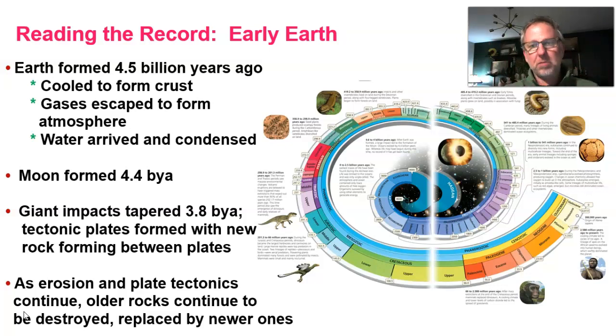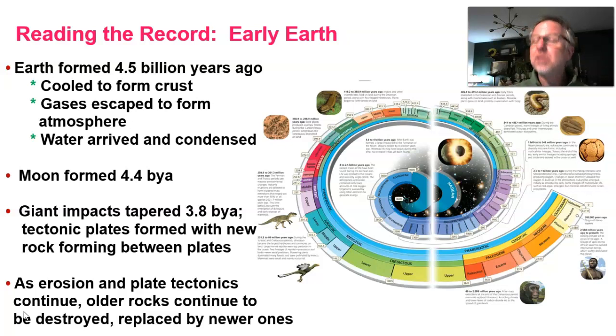So the model of how our Earth then proceeded from that point on is it started off as a molten ball, would not have wanted to be here, could not have been here, and it began to cool and form a crust, the outer covering hardening like an eggshell. Gases escaped to form the atmosphere from the geologic activity that was occurring on the surface.